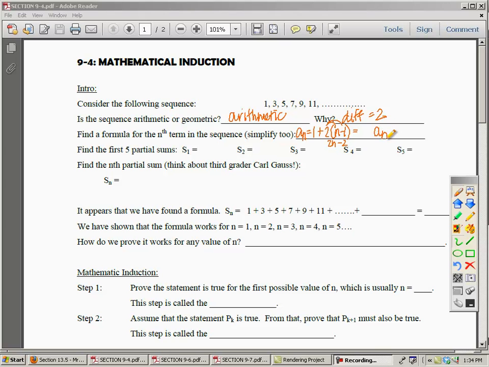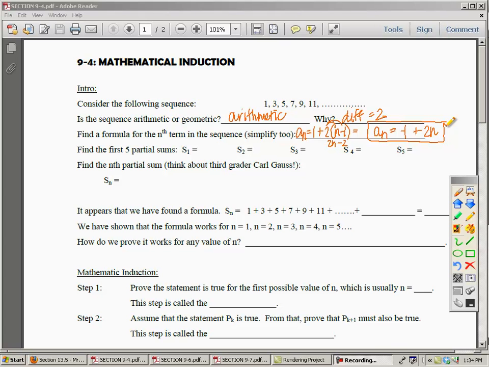So my nth term is 1 minus 2, which is negative 1, plus 2n. It's negative 1 plus 2n. The reason we want you to write it this way, and you've probably already started writing it that way after looking at the answers in the back of the book, is this is going to help us simplify what we're doing.